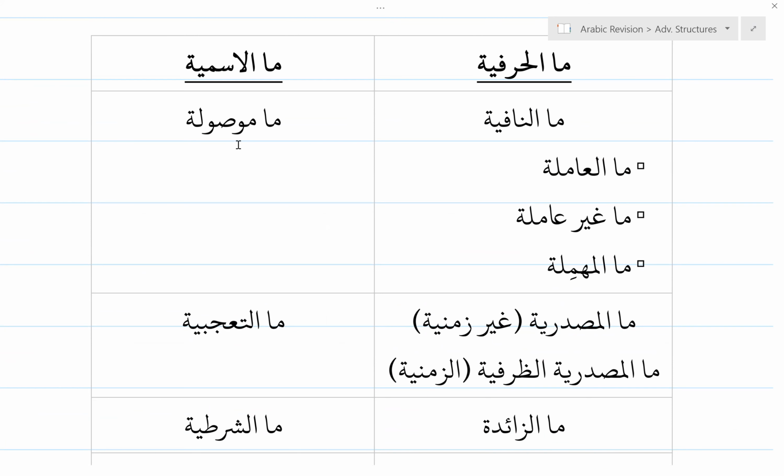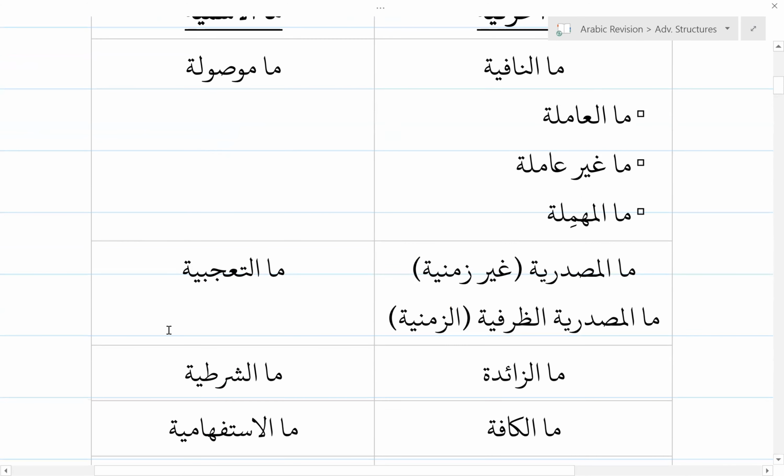And we said that ma mawsula is adatu shart jazima. It makes both the 2 fi'ls majzoom. Okay, so sorry, no, I'm talking about shart and I'm saying mawsul. Sorry, ma mawsula with the meaning of alladhi. Yeah, so that's what we're talking about here, ma mawsula, when we discussed ism mawsul and silatul mawsul.